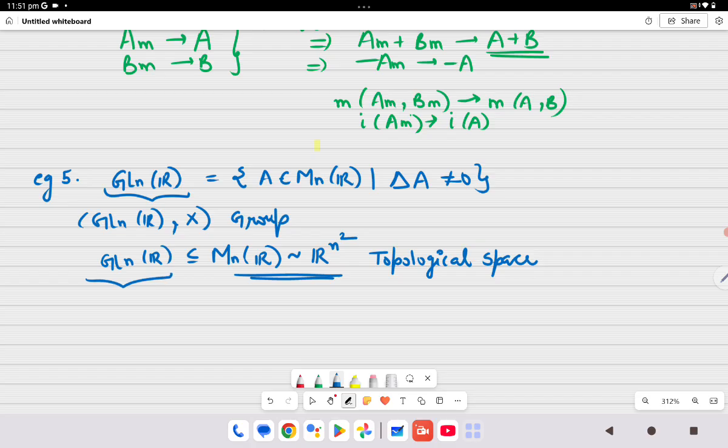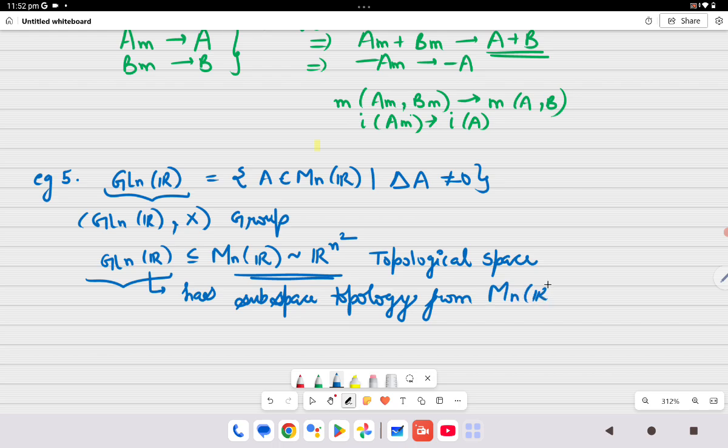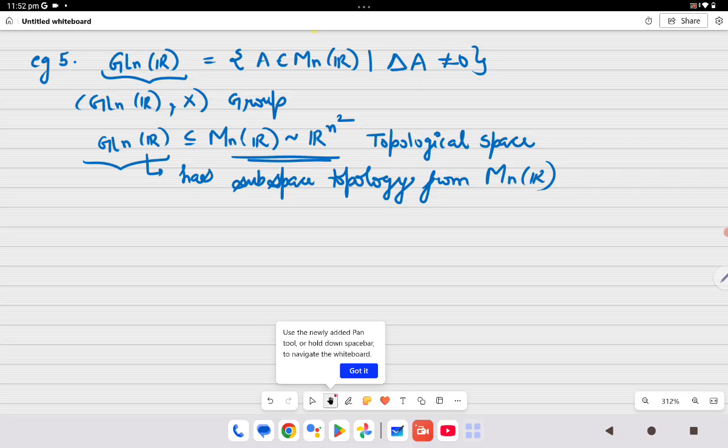So GLNR एज अ सबस्पेस ऑफ MNR देखा जा सकता है, और इसलिए ये एक टोपोलॉजिकल स्पेस है. ठीक है, सो दिस हैज subspace topology from MNR. Okay, so it can be seen as a topological space also.